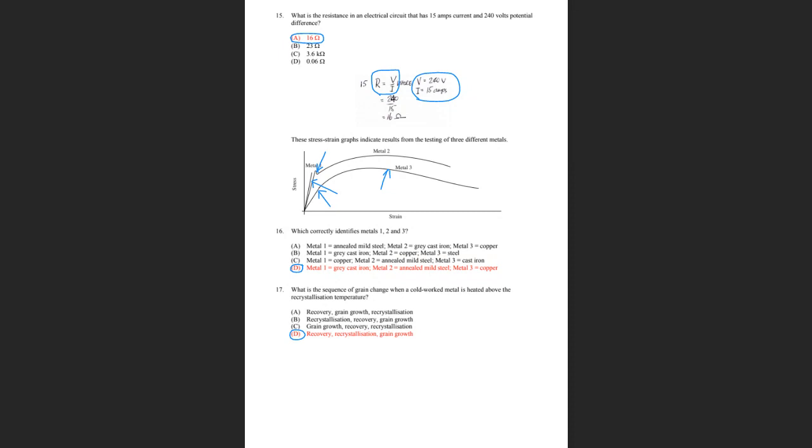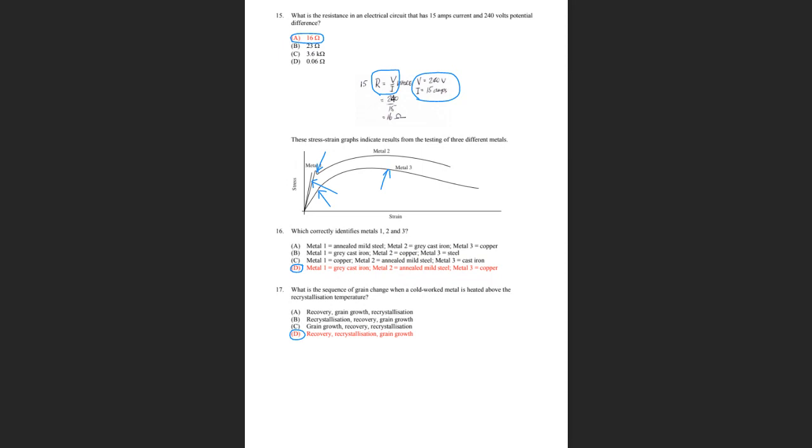In other words, you get nucleation points occurring at grain boundaries, and then recrystallization, where the deformed grains are replaced by the new recrystallized grains that were nucleated at the grain boundaries, and then you get grain growth. And it's important not to allow the grains to grow too much because it will severely weaken the material.